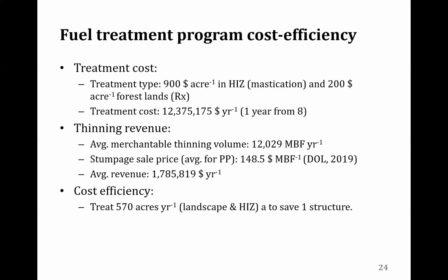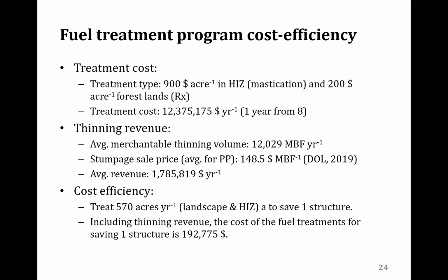I will show you later the results relative to the burn probability reduction and risk reduction, but we obtained that by treating 570 acres per year in the landscape and the home ignition zone, we were saving one structure. We were reducing the expected annual loss by one structure.